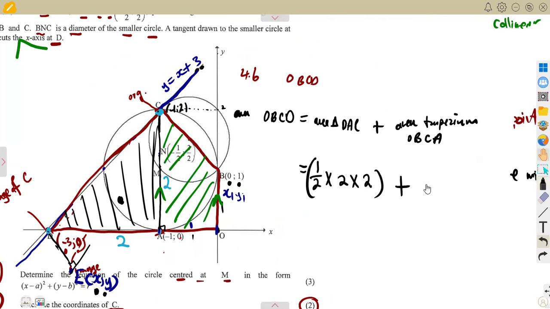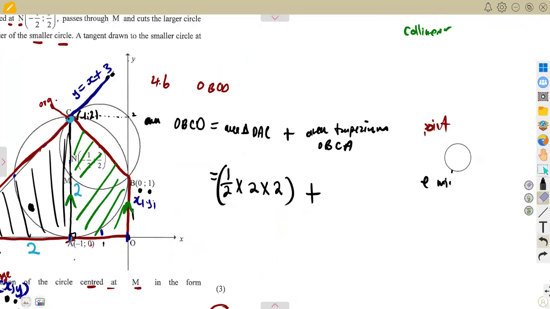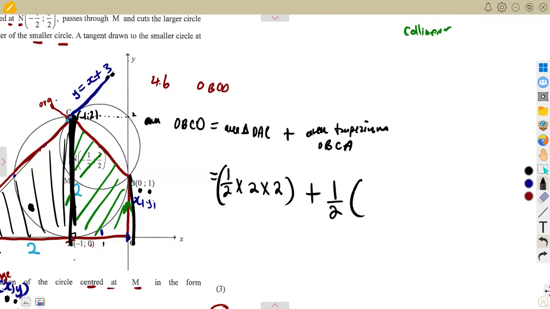Remember, the area of the trapezium is half the sum of parallel sides times the perpendicular height. So it is half the sum of these sides which are parallel.